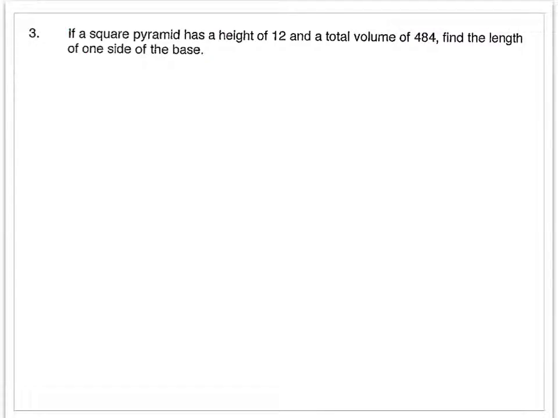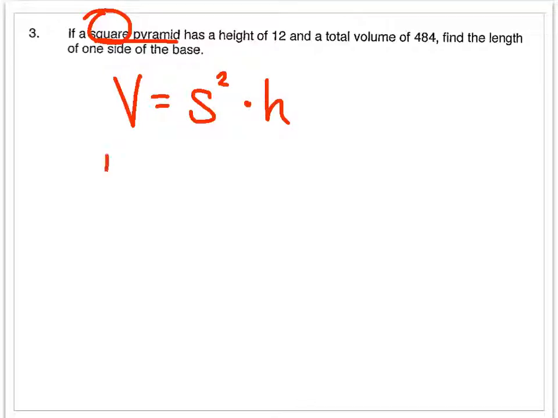On to number 9, last one. We're given the volume again. We want the length of one side of the base. So here we go. Volume equals area of the base, which in this case, it's a square pyramid, so it's a square base. So side squared, side times side to get the area of the base, times the height. Volume is 484. We're looking for S, so we're going to keep it S squared for area of the base.